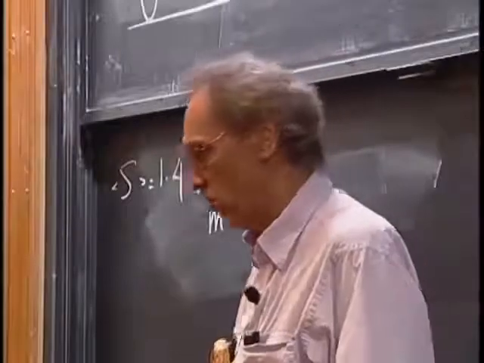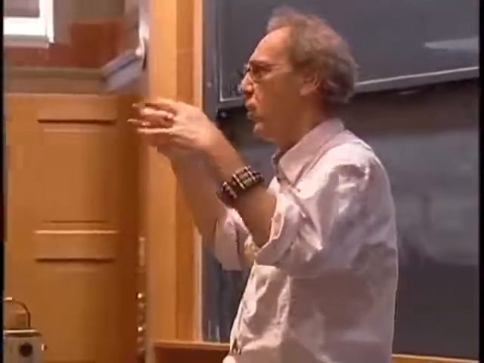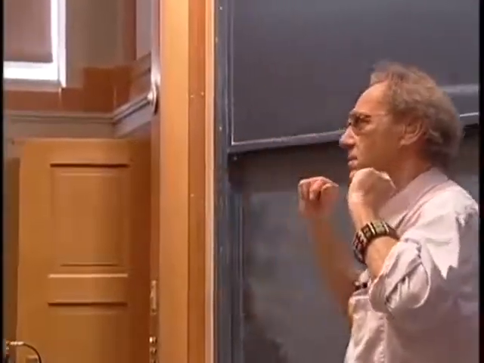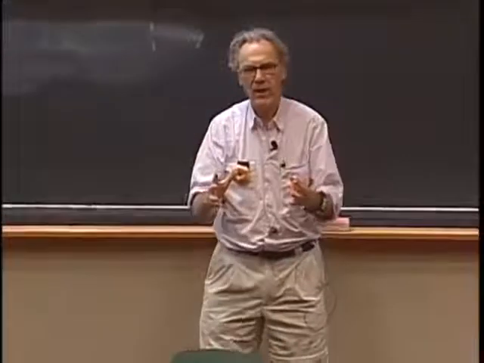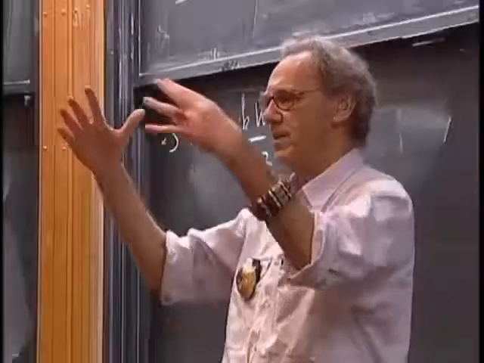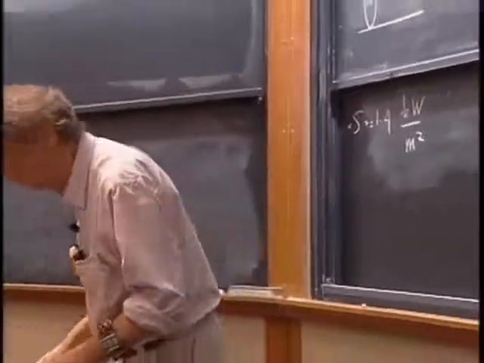There are stars 20, 30, 40 times more massive than the sun, which radiate so much energy that the atmosphere of the stars is floating on the radiation pressure. So if the star would radiate more, it would blow its atmosphere off. And if it radiates less, the atmosphere would come down. So it is very important in astronomy.